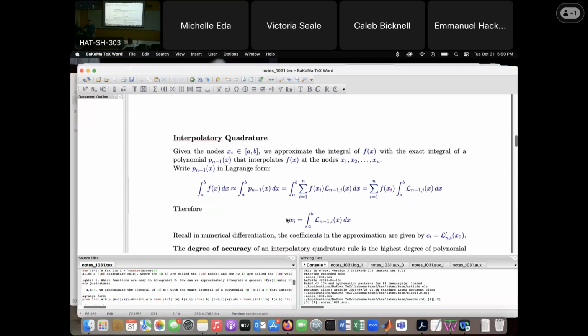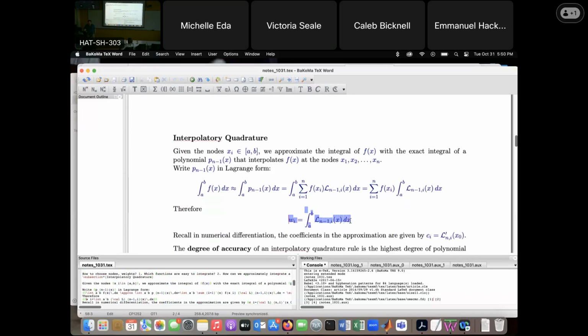Now, I want to draw a parallel between what I've just shown you about these quadrature weights and what we saw in numerical differentiation, when you're deriving finite difference formulas for derivatives by computing the derivatives of Lagrange polynomials and evaluating them at x naught. So the parallel here is that we have these problems, differentiation and integration, that both can be solved most easily for polynomials.